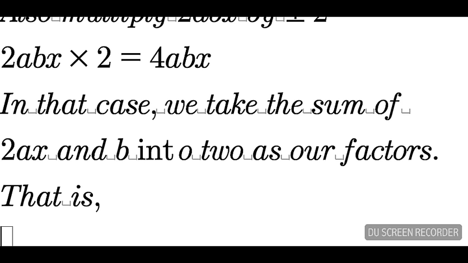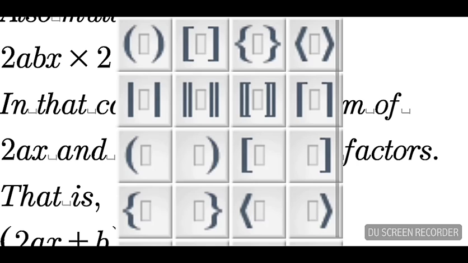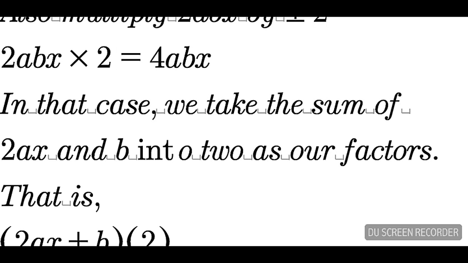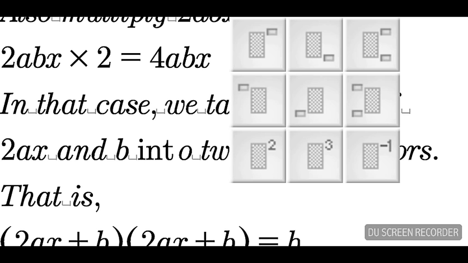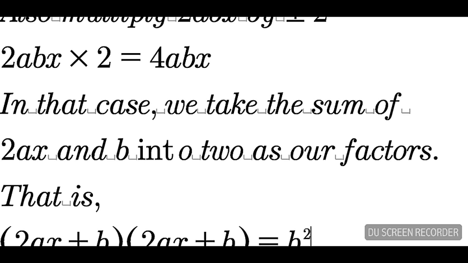That is, in brackets, 2ax plus b, again 2ax plus b. So that is equal to the right hand side of equation 5, which is b squared minus 4ac. Let's call this our sixth equation, equation 6.